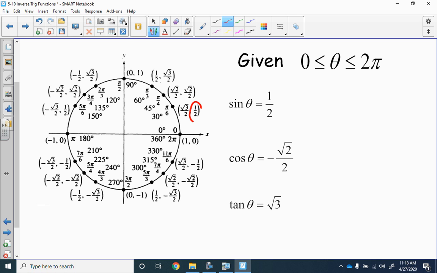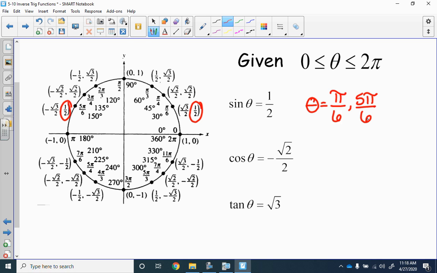Here sine is 1/2, and here sine is 1/2. So between 0 and 2 pi, theta would be pi over 6 as well as 5 pi over 6. So there are two solutions.